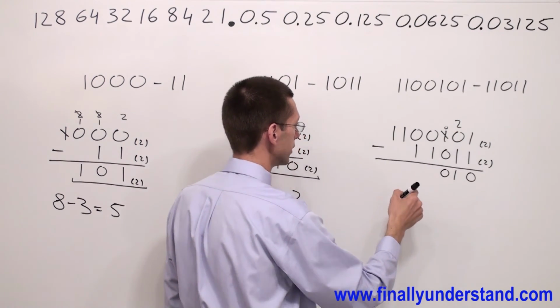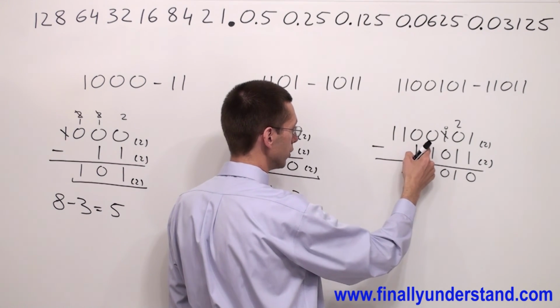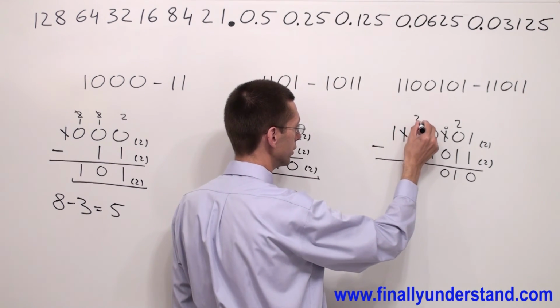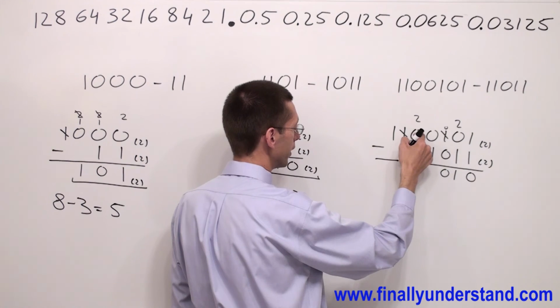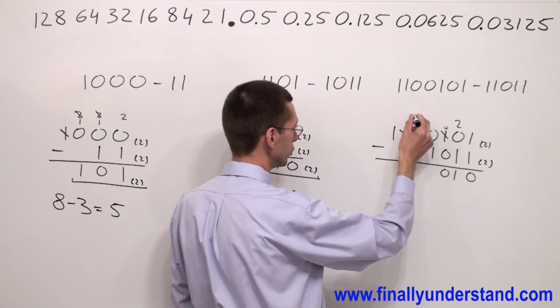And next, please notice that we cannot subtract 1 from this 0. That's why I'm going to borrow 1 from here. This 1 becomes 2 over the next bit, but I have to subtract from this 0. So I'm going to borrow 1 from here.